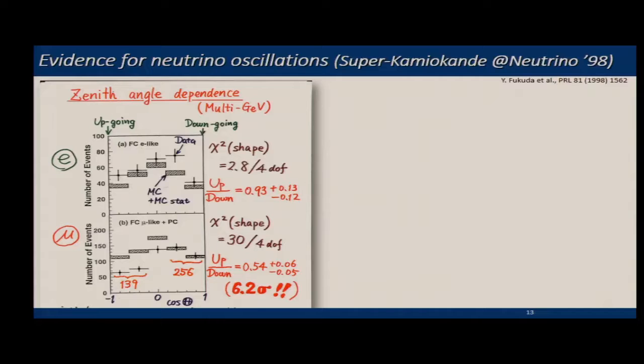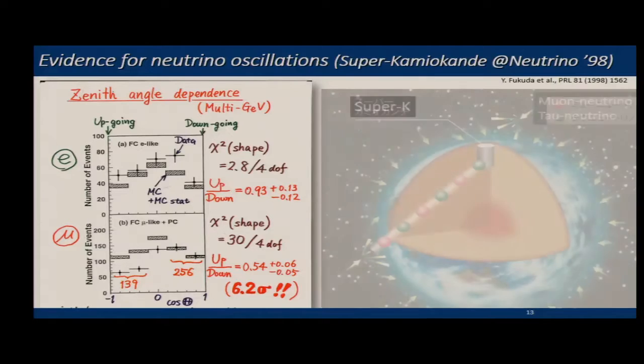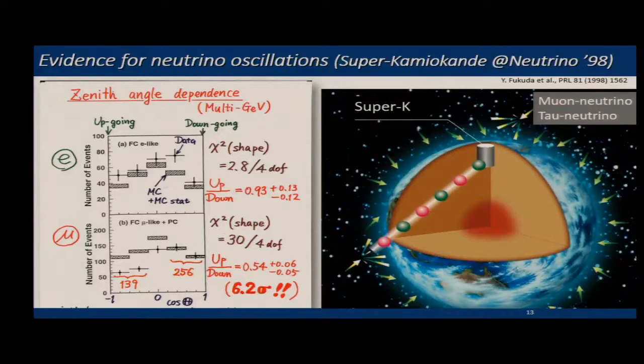These neutrinos are produced on the other side of the Earth. So they traveled a long distance, and you can see there is a huge deficit of upward-going muon neutrinos. And in fact, this is what we expected for neutrino oscillations.